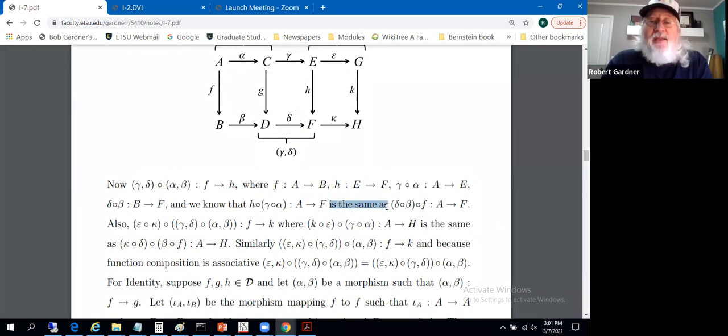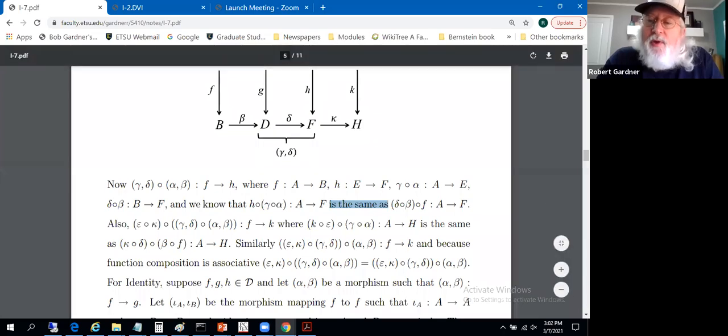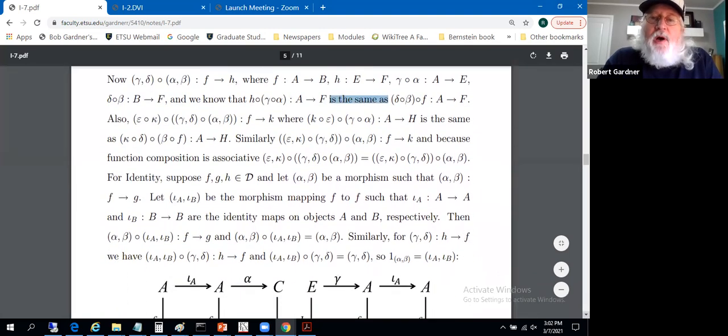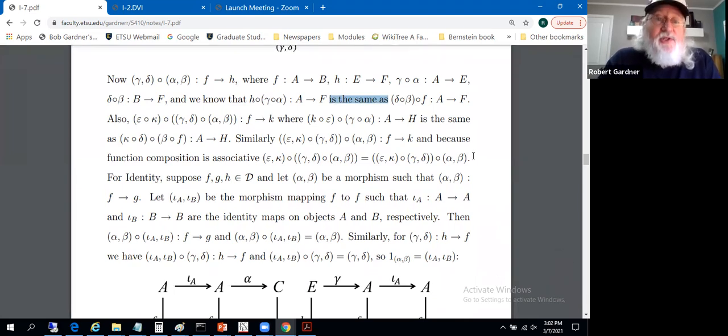We're getting a lot of the is the same as, if I've got my compositions in the correct orders here. We get a lot of that because we've got a commutative diagram. We've got arguably three commutative diagrams sort of pasted together, one for each of the morphisms that we're defining in category D. So we have the associativity, we have morphisms defined, we have compositions defined.